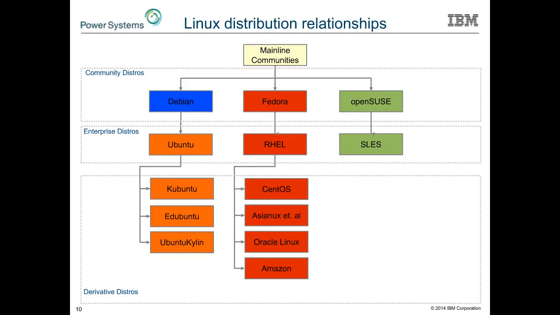There was a set of distributions in China and other Asia-Pacific markets called Asianux, Miracle Linux, etc. Oracle Linux, of course, is based upon RHEL, as is Amazon Linux. So if you go out to EC2 and get a cloud image, the Amazon Linux is actually a Red Hat distribution. To my knowledge, and it could just be that I'm missing it, I don't know of any SLES derivatives, but they could exist out there.